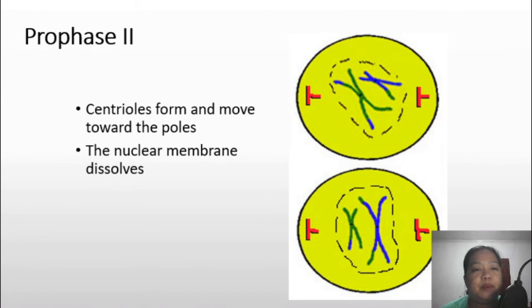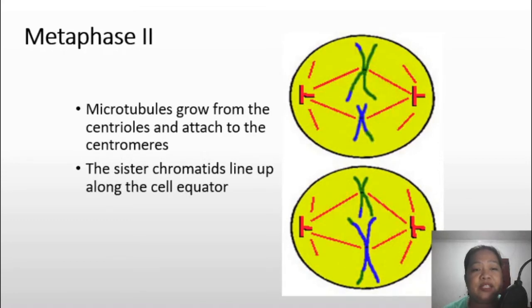Now let's have prophase 2, which is part 2 of the meiotic division. Centrioles form and move toward the poles. The nuclear membrane dissolves. In metaphase 2, microtubules grow from the centrioles, forming spindle fibers that attach to the centromeres of the chromosomes, aligning all the chromosomes at the equator.